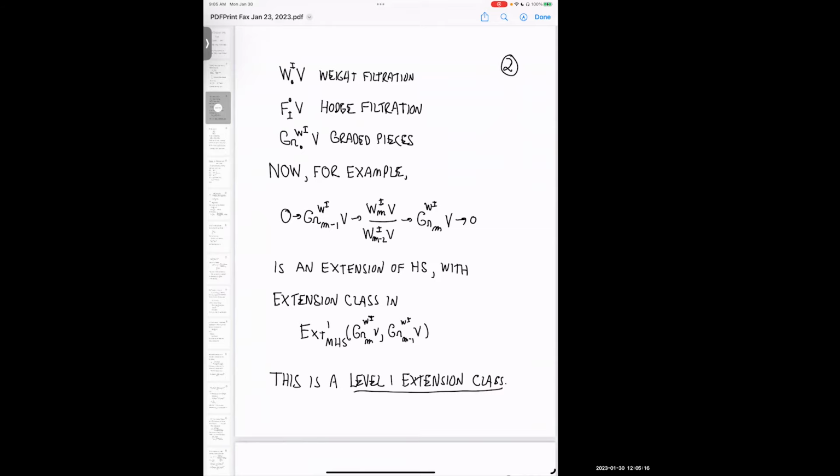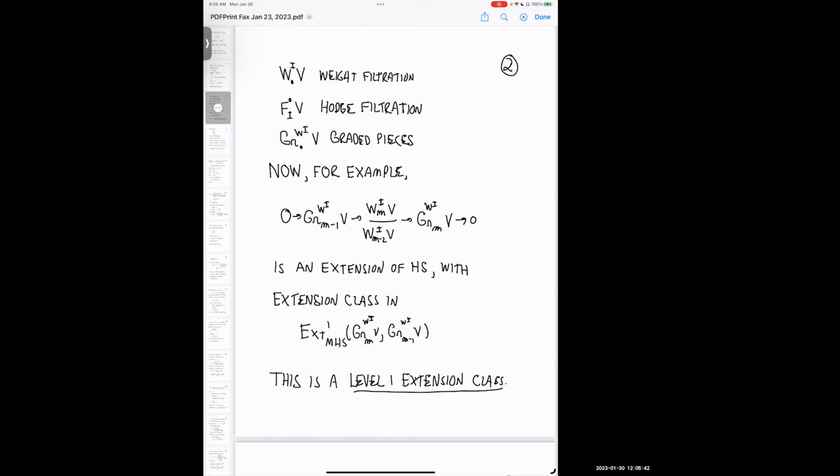These graded pieces are quite interesting and essential, but there's extra information contained in the extension classes. Sometimes one just neglects this, but in fact it has a lot of interesting information. That's what I'm going to talk about.